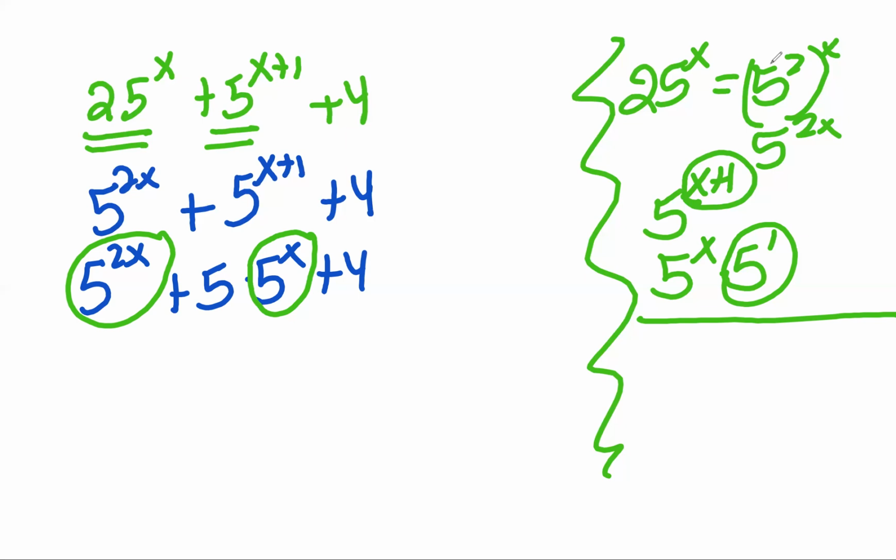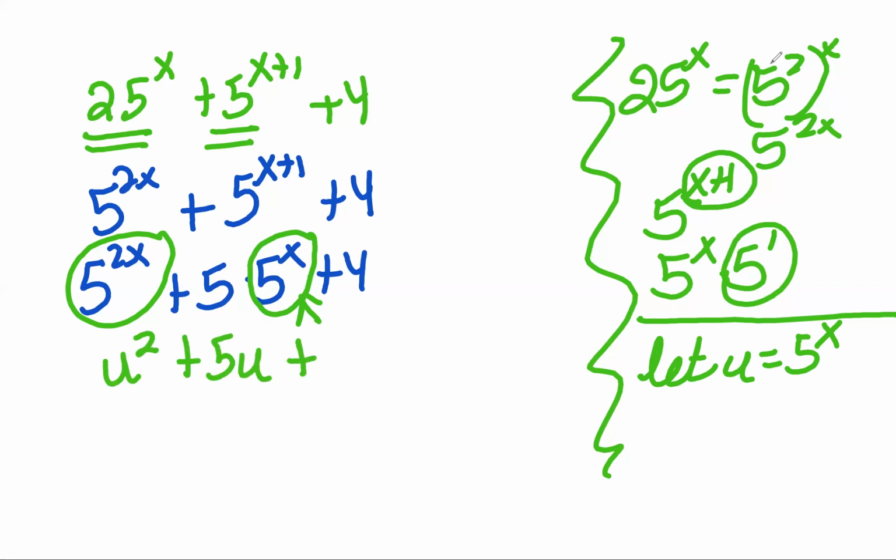One way to do that would be to play a game, let u equal whatever is in this position. In this case, it's going to be 5 to the x. So if I have 5 to the 2x, that becomes u squared plus 5u plus 4.